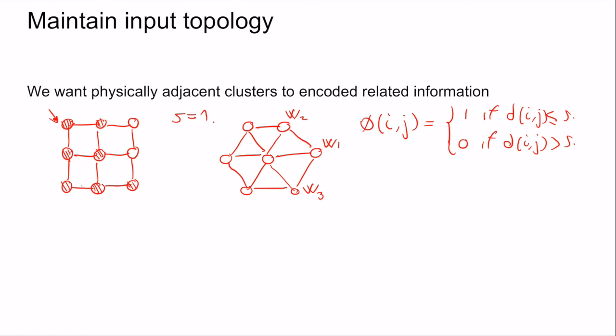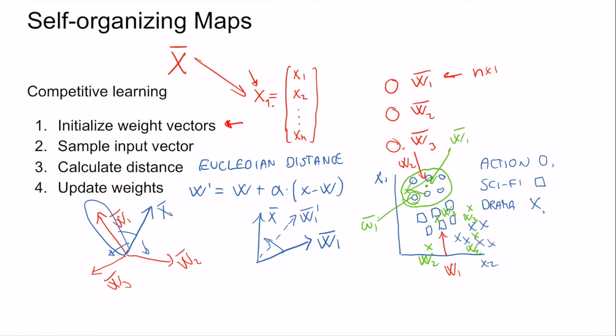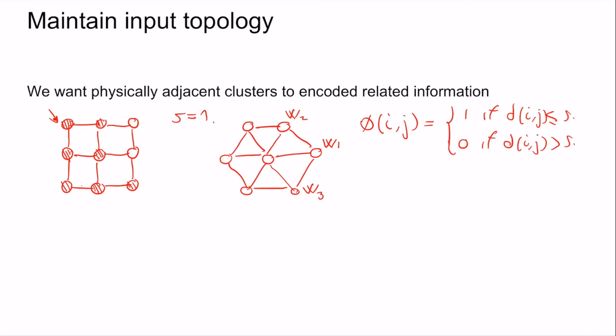Okay, and then what we do with this neighborhood function is we modify the competitive learning algorithm. In step 4, we were updating the weights only of the neuron whose distance to the input was the smallest, the neuron which was the closest to that particular input. Now we not just update that, but we update the weights of all the neurons that are in the neighborhood of that particular neuron.